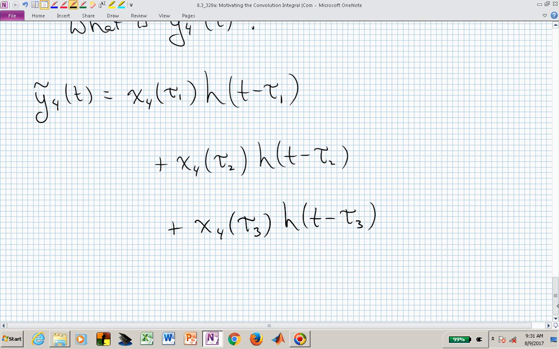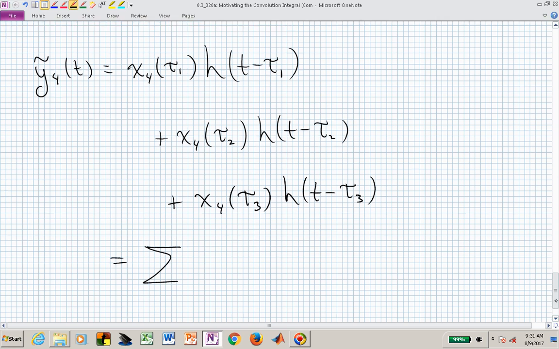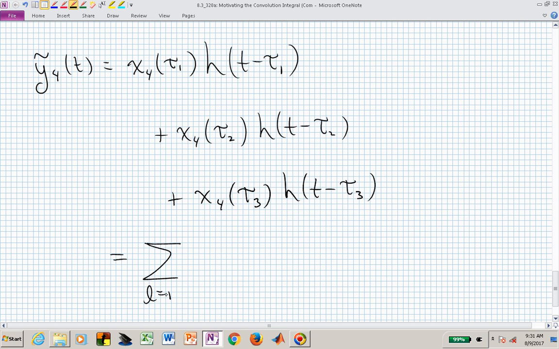Well, we can collapse this a little bit. We can say this is now just a sum over 3 terms, L equal 1, 2, and we could do this in general, but let's just say up to capital N of x of tau sub L, h of t minus tau sub L. That's now y sub 4 tilde of t.